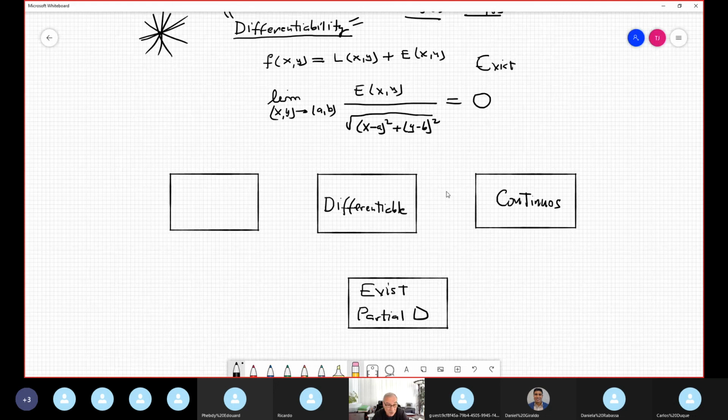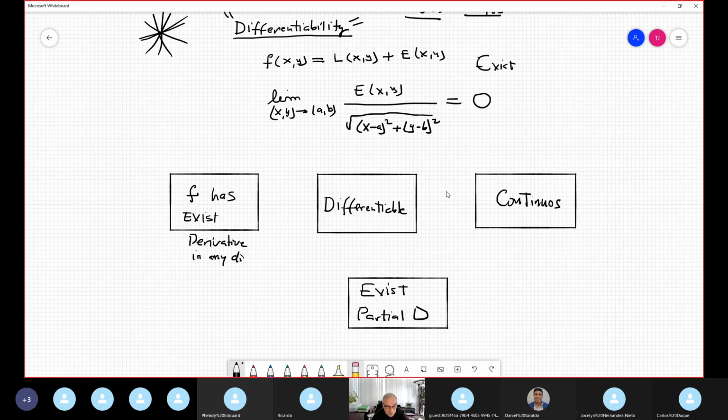That is, the function has a partial derivative, but not only partial, rather the derivative in every direction exists. There exists a derivative in any direction.